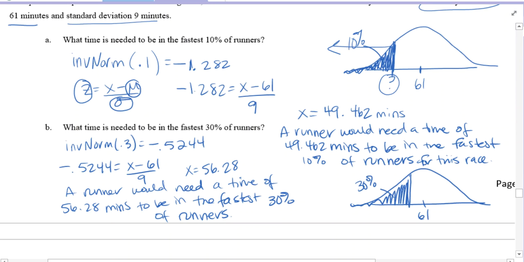Okay, so fastest, we're looking at the lower side. This missing z-score, or this missing value of where this happens, is at 56.28. Okay.